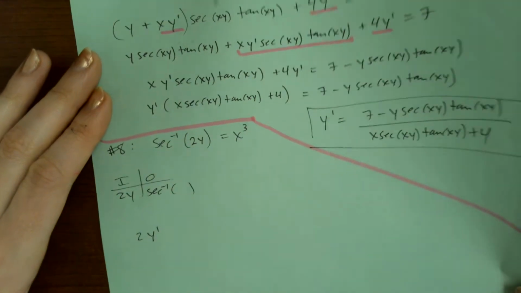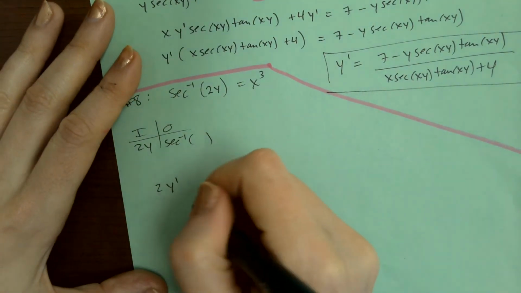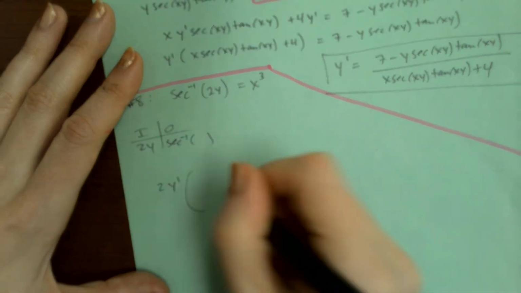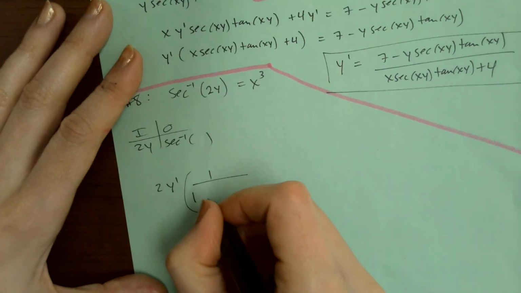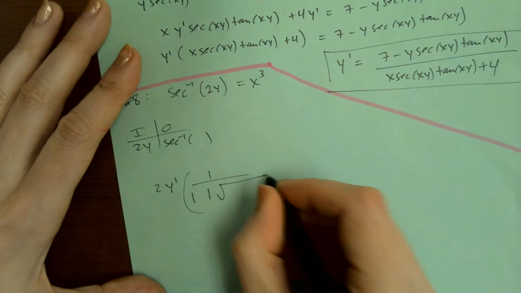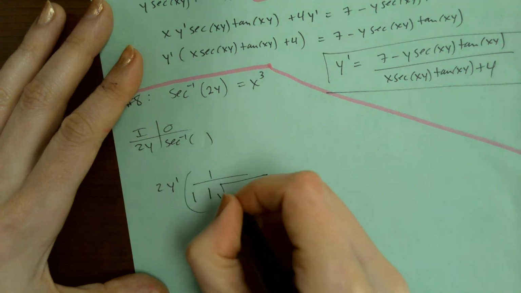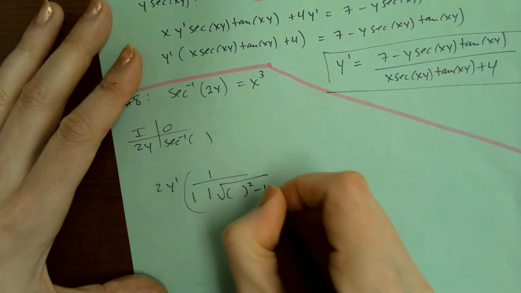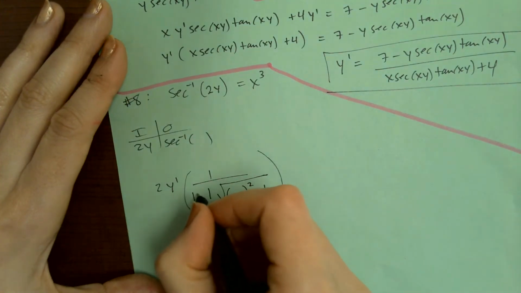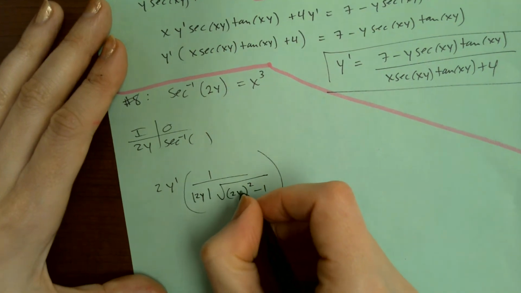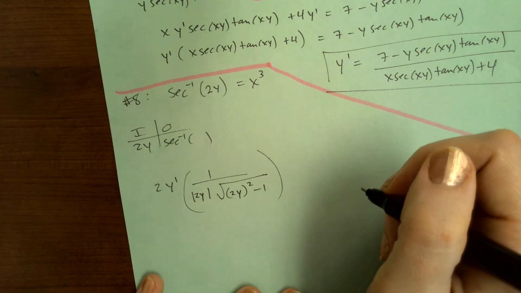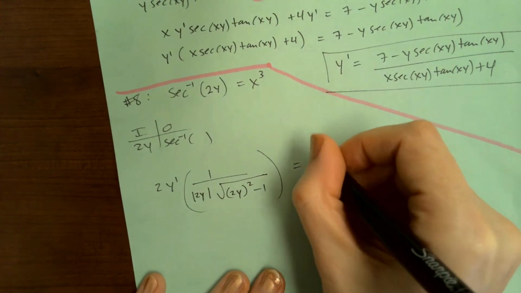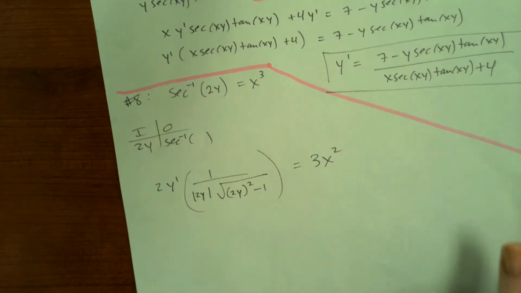The derivative of inverse secant is 1 over the absolute value of blank, radical blank squared minus 1. 2y is going in there. Okay.